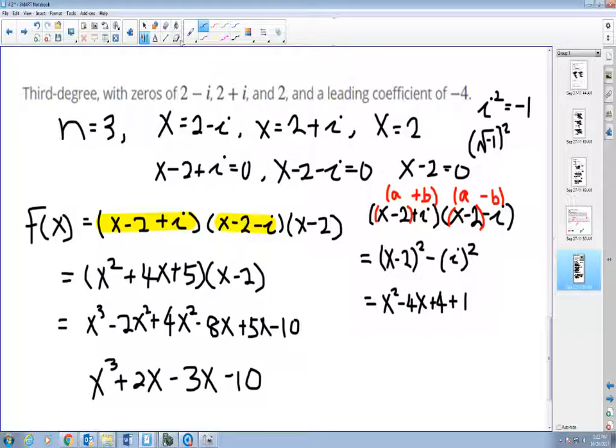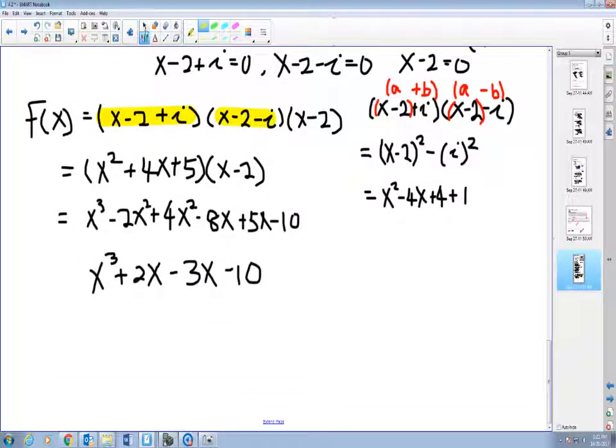Now, at the very end, it says I'm also going to have a leading coefficient of -4. That -4 was up front the whole time. So now I can actually use it. Multiply every term by -4.